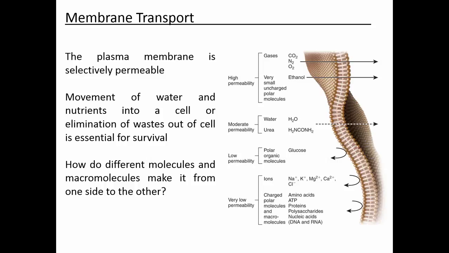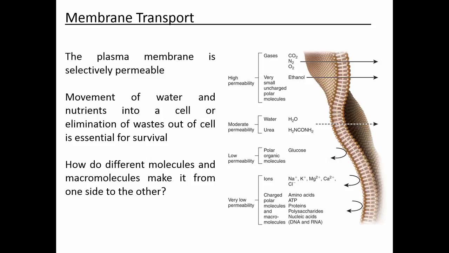Everything, given enough time, can pass from one side of the membrane to the other. But these things you can simply think of as not being able to pass. For molecules like the ones up here, they can simply move in either direction across the membrane without any help. They're able to freely diffuse across the membrane from one side to the other.